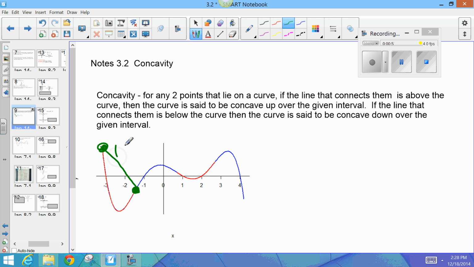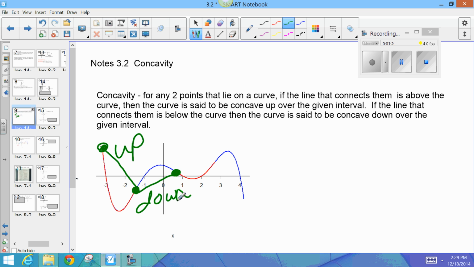That's what makes this concave up. And if I were to connect the endpoints here, where it starts and stops being blue, and just connect them, that is below the graph, so that is concave down. That's the definition of concavity.